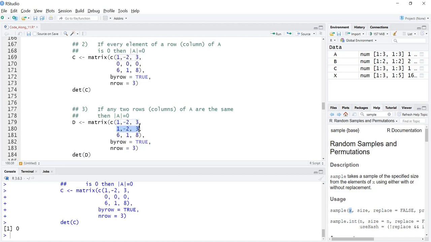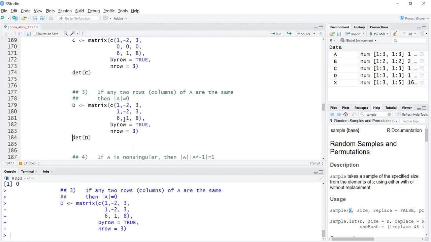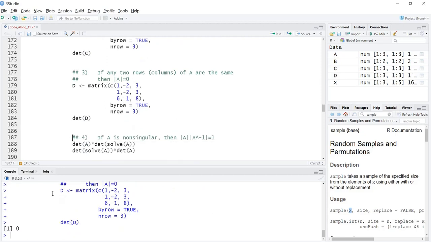Because these two rows are the same, I could subtract them and get 0 for one of the rows, replacing one of the rows with the subtraction of these two rows. So I'd end up with the same matrix as I have up here. So let's see that and prove it. So D is this matrix, and then the determinant, yep, it's 0.